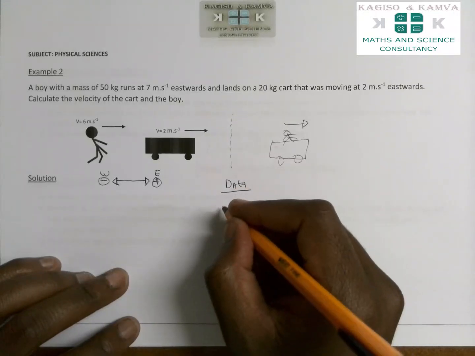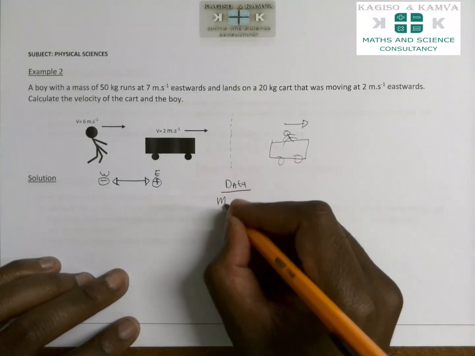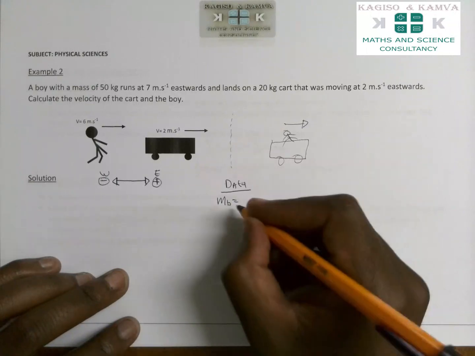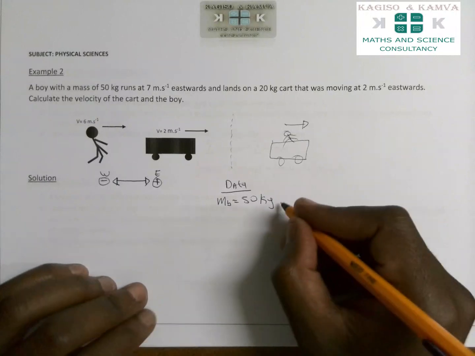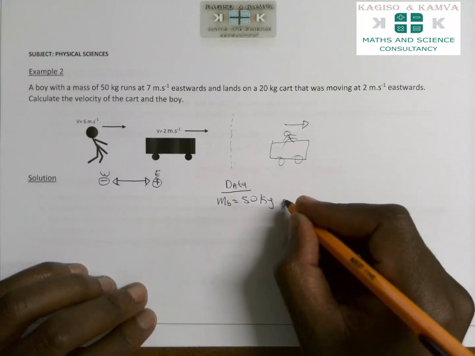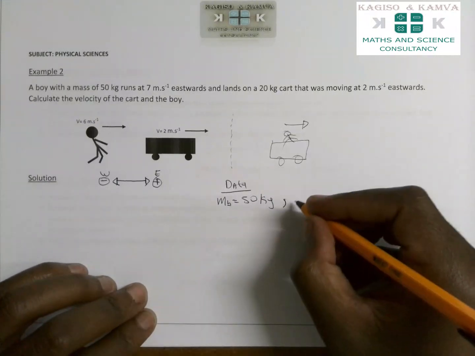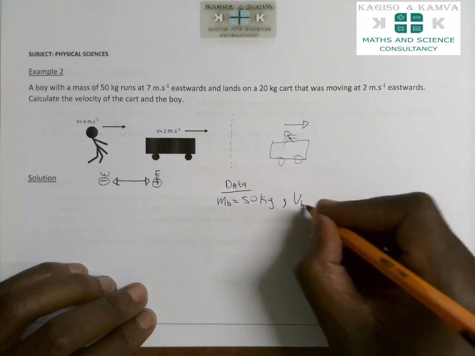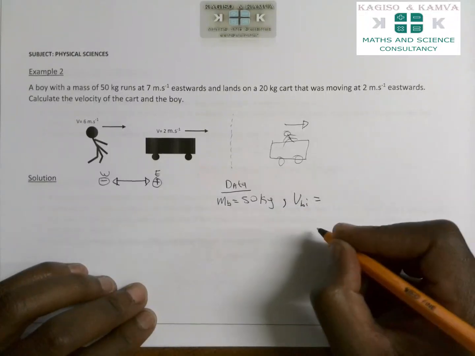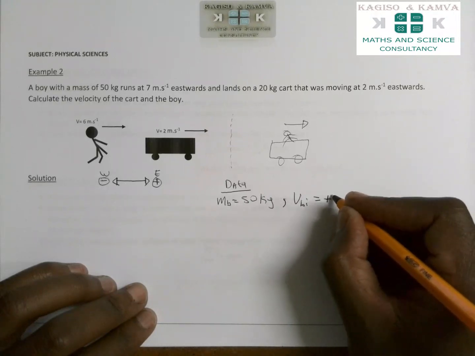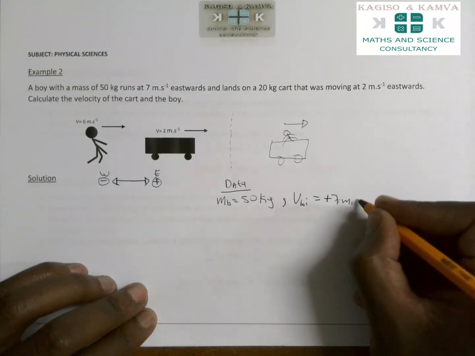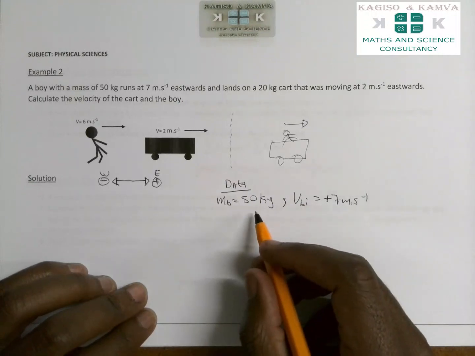We've got the mass of the boy, which is 50 kg, and then we also have the initial velocity of the boy, which is equal to positive 7 meters per second.